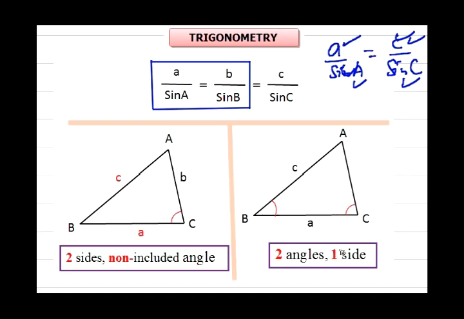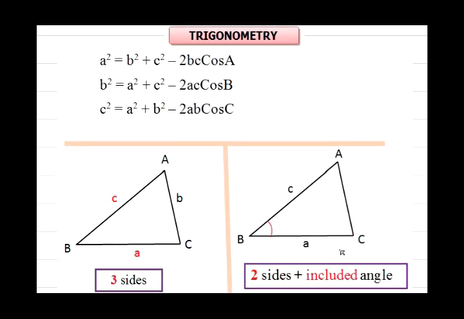Okay, let's look at the other type. When do we use the cosine rule? Anytime you are given 3 sides, you can use the cosine rule. That means you are given this, this, and this.